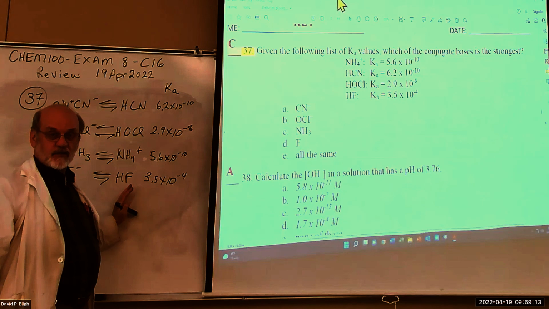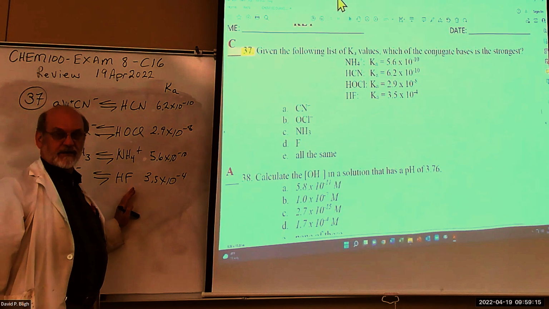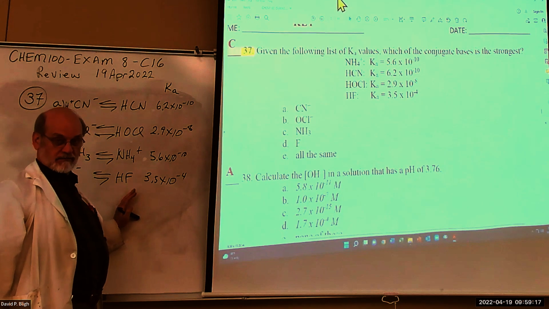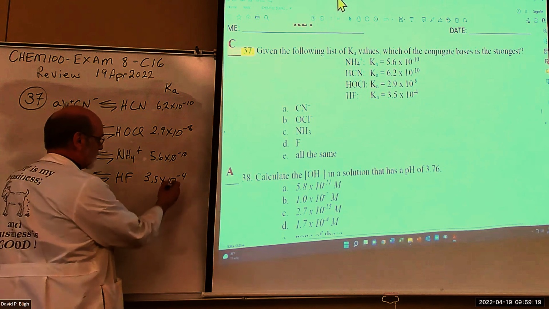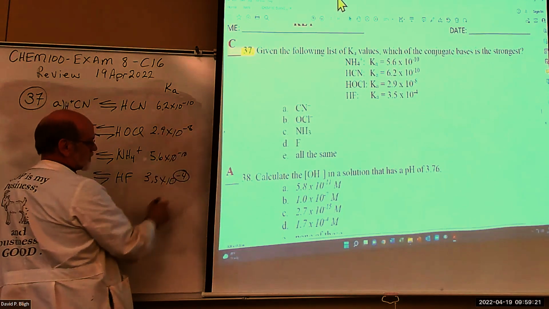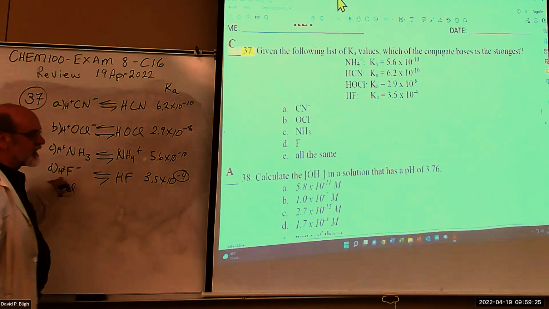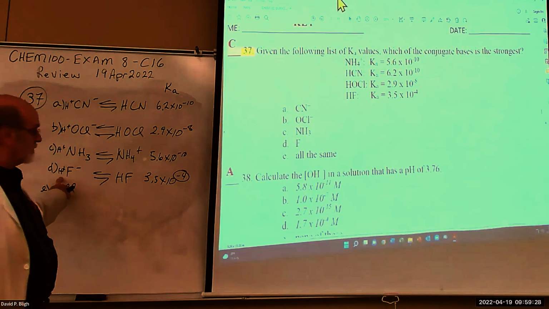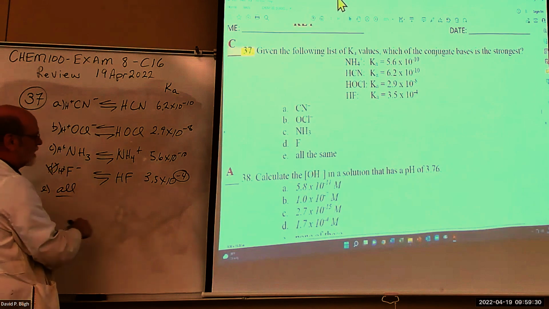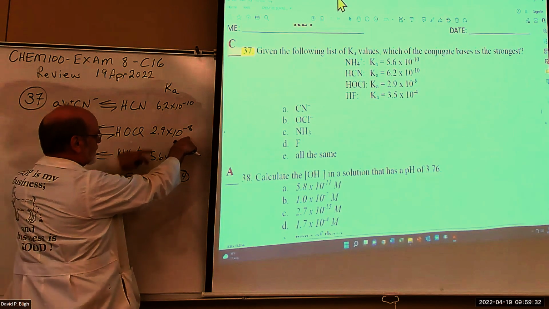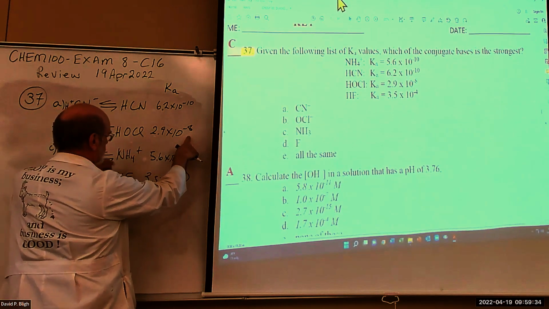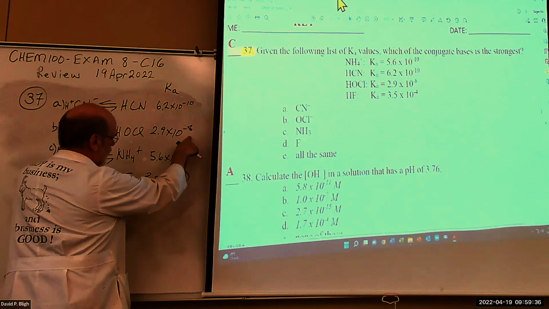And the weakest acid is the one with the smallest Ka value. 10 to the minus 4, that's the strongest acid, so that makes the weakest base. Can't be that one. How about this one? Well, it's a little bit weaker, but still these two are weaker still.